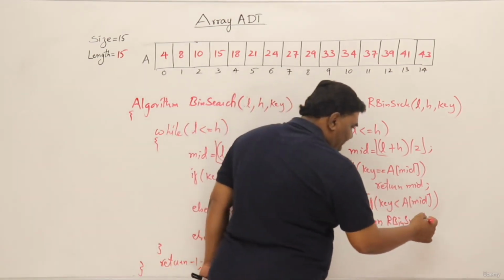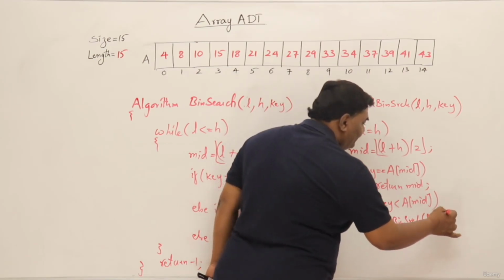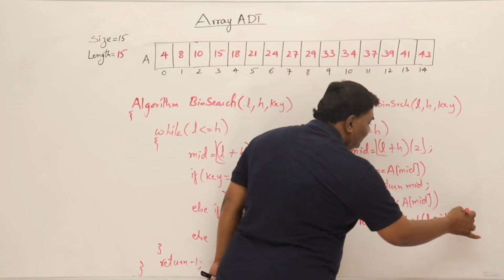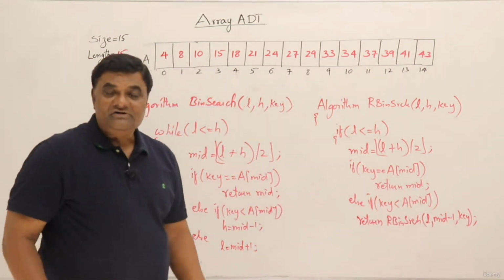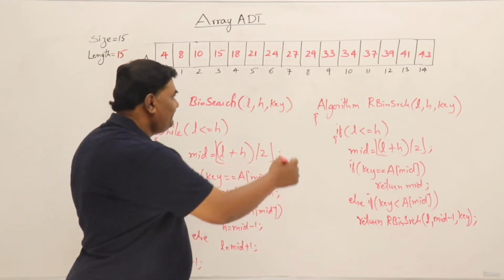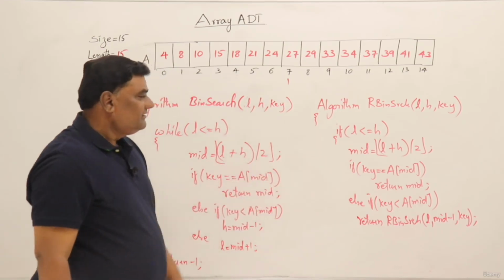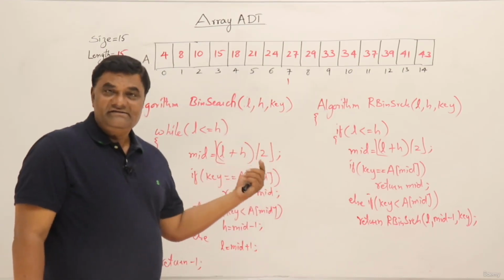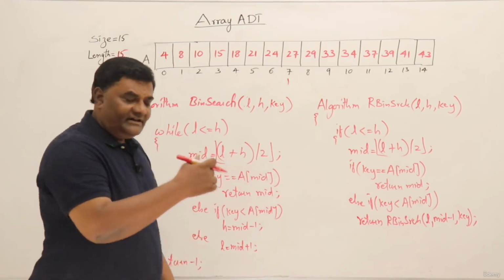So what it has to pass? Low as it is, but in place of high it should be mid minus 1, and key as it is. So this is a recursive call with a modified or reduced list. So it is just passing the left hand side list. If mid is here, from low to mid minus 1 it will be passing. So if the key is less, it is on the left hand side. Otherwise key is greater and it is on the right hand side.